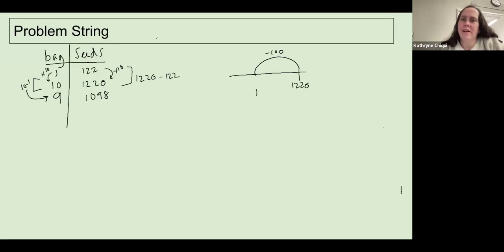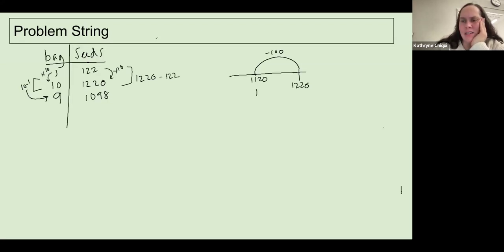Sarah says yes. And if we just subtract 100 from 1,220, what do we get? Right? You get 1,120. Nice. Okay. And then what haven't I subtracted yet? What do I have left to subtract still?